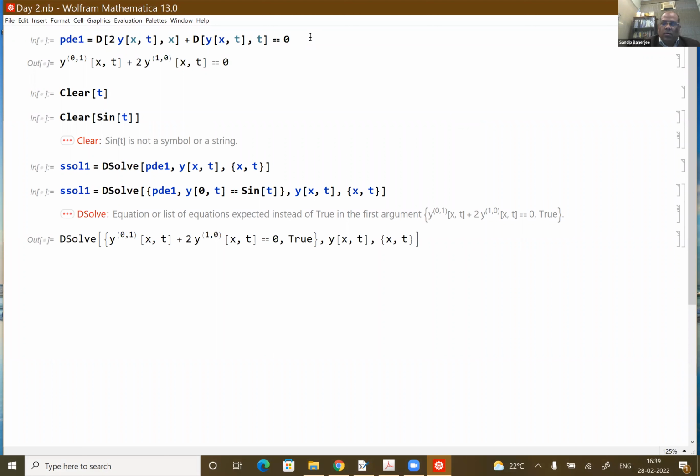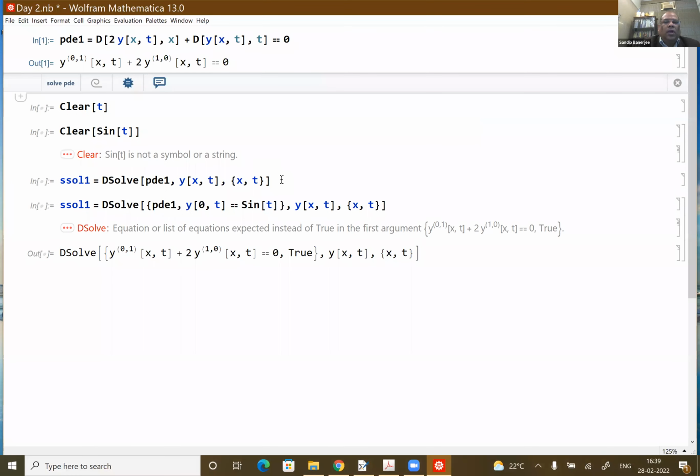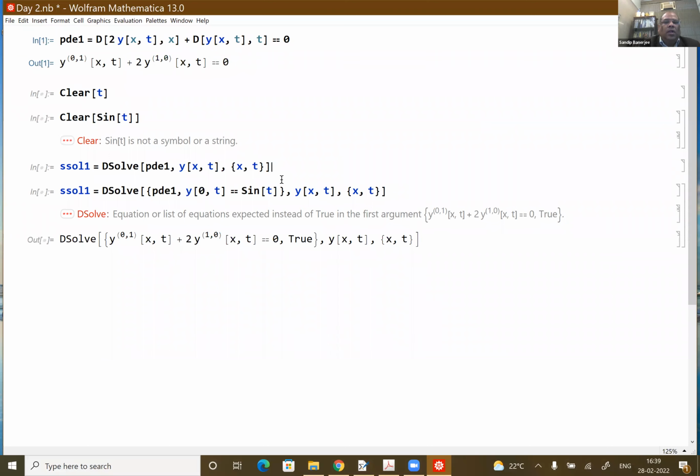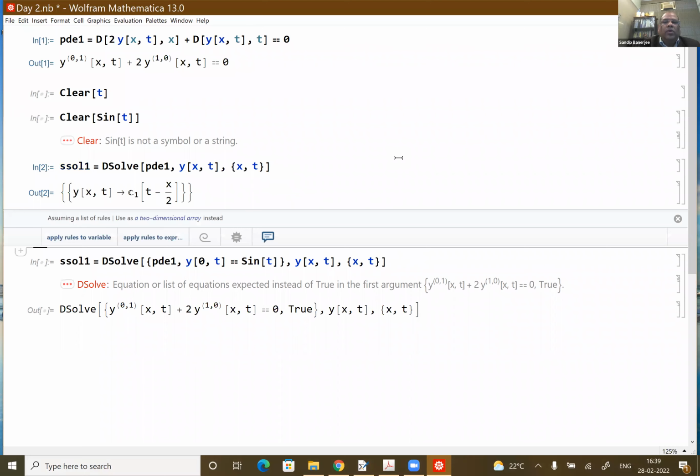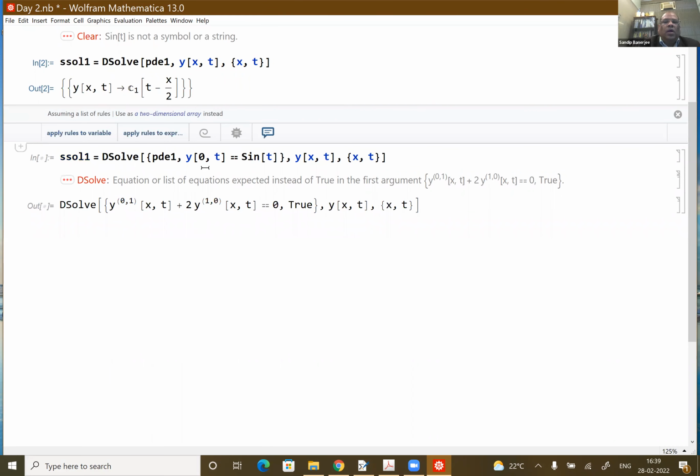Okay, this one looks fine. Then I'm solving this one, which gives me the solution. Then I have y0t sine xt, and then I have xt. This should also give me some solution. Yes, now it is okay.